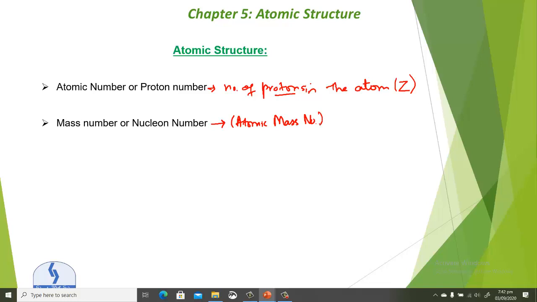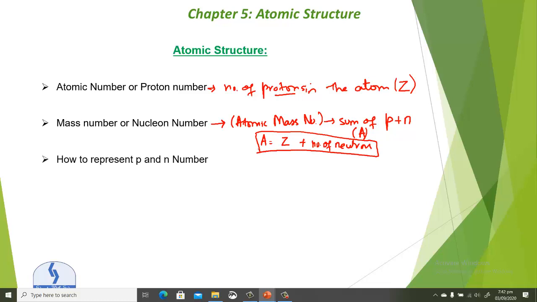It is basically the sum of protons and neutrons in an atom, and it is represented by A. So A is equal to Z, that is the atomic number or proton number, plus the number of neutrons. You have to remember this.